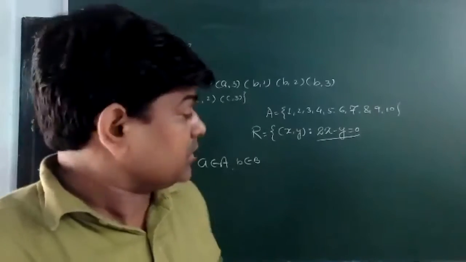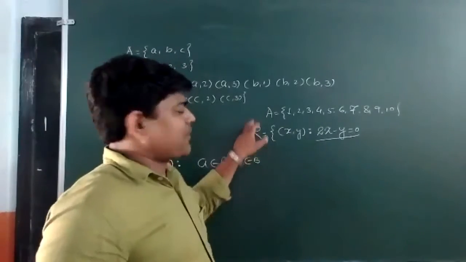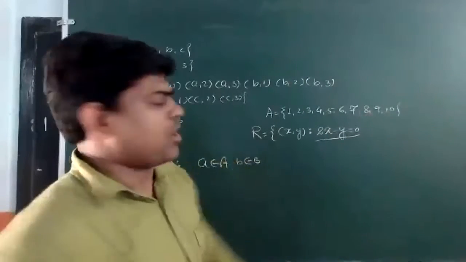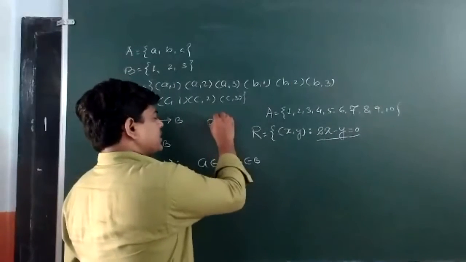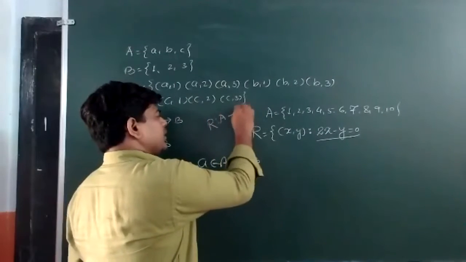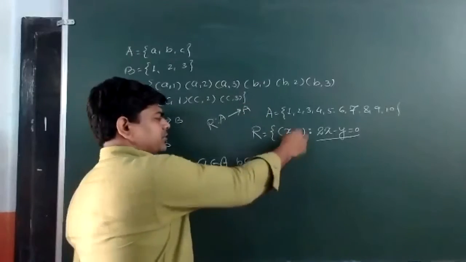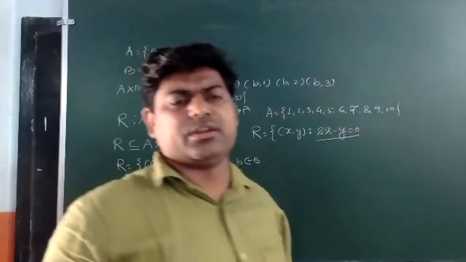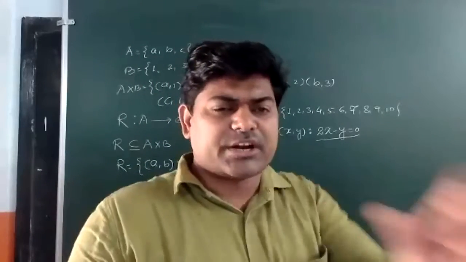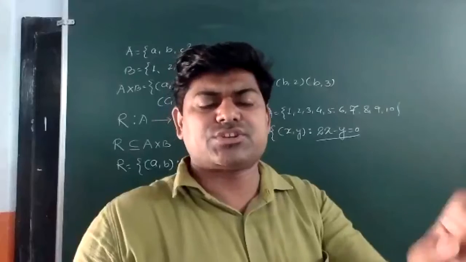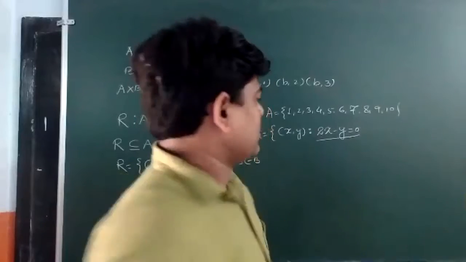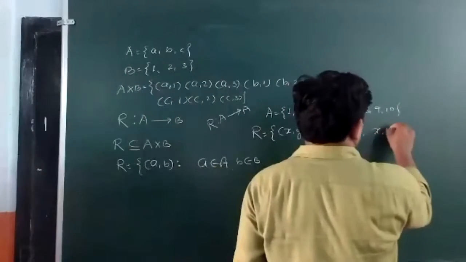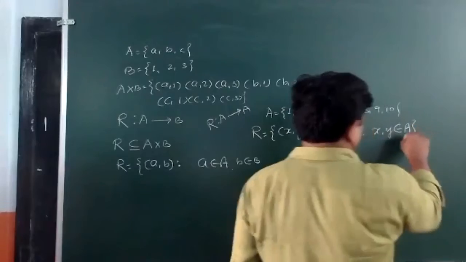But it's written that R is defined on A. On A means what? R is defined from A to A. It means x and y both should belong to A. Suppose the phrase 'R is defined on A' is not written, and it is written that x, y both belong to A, it means the same.